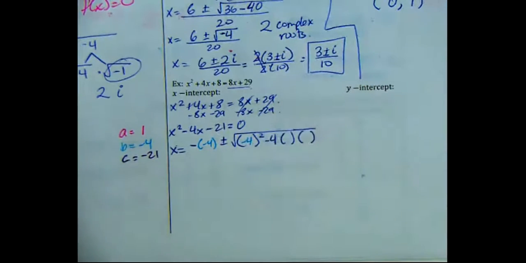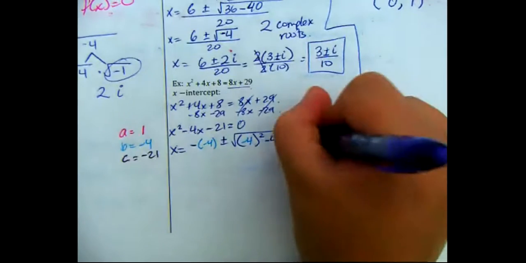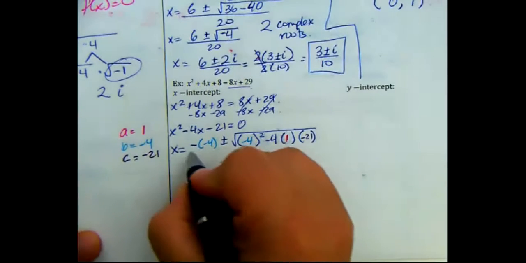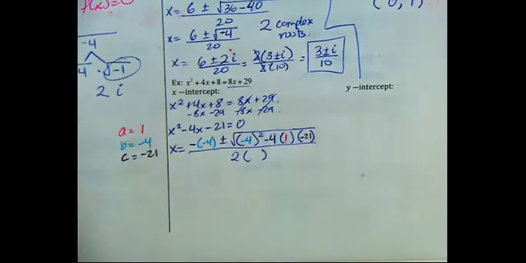Okay, so my a is 1, and my c is -21. All over 2 times my a, which is 1.